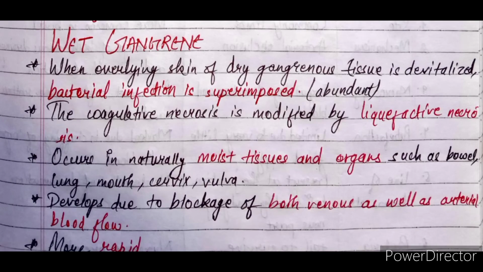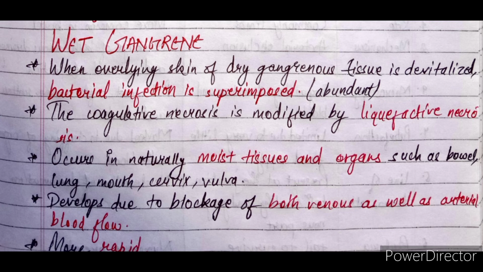Now let's come to wet gangrene. When the overlying skin of dry gangrenous tissue is devitalized, bacterial infection is superimposed. That is, abundant bacteria is present in wet gangrene and the coagulative necrosis is modified by liquefactive necrosis.